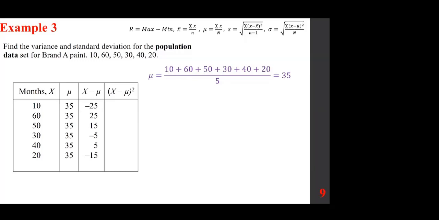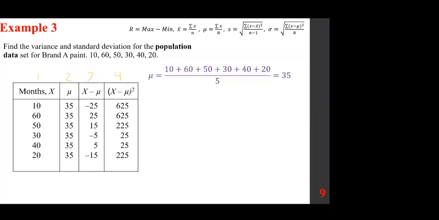And here's the column, which is the third column. Now, the fourth column will square the third column. So negative 25, square it, 625. And do the same thing with the rest of them. And we need to add them up. So this is x minus mu squared for each case.